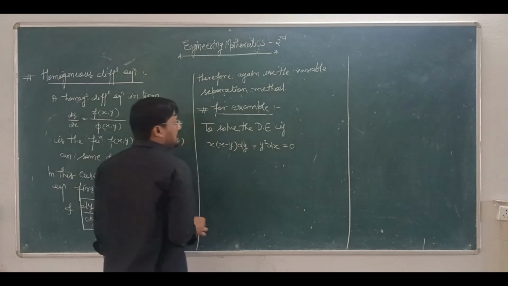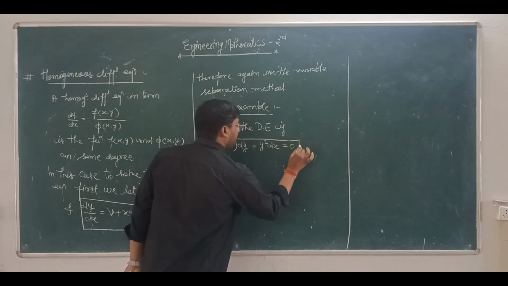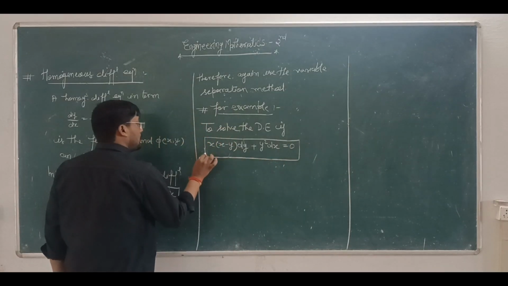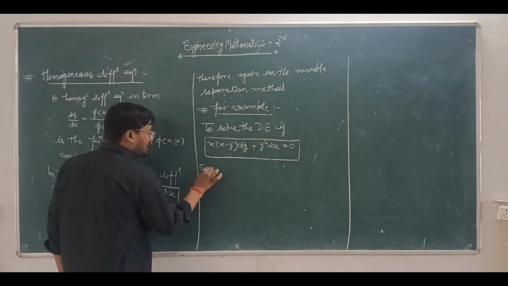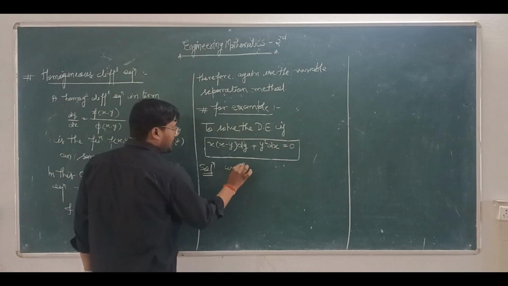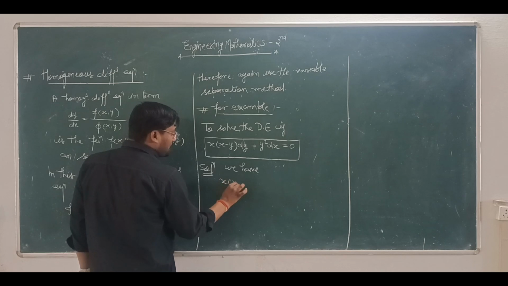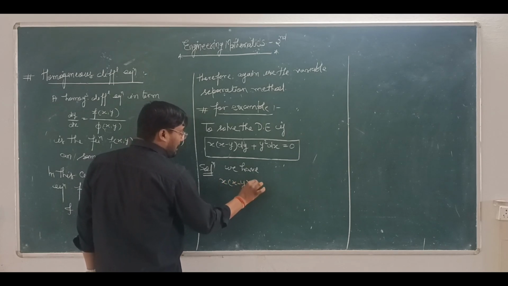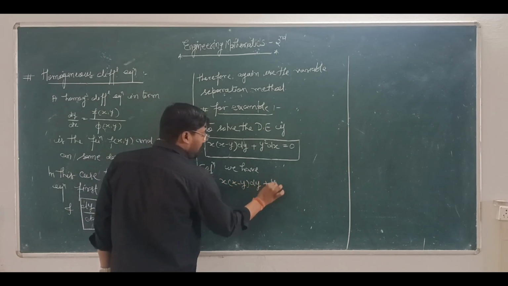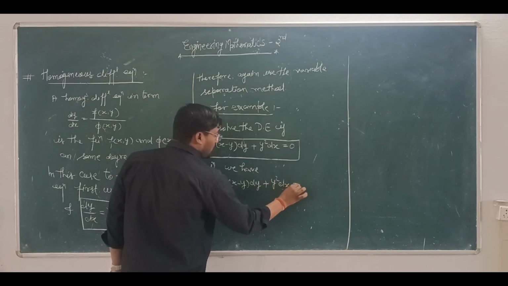This is a differential equation. Now the solution of the differential equation. Now we have (x minus y) dy plus y square dx is equal to 0.